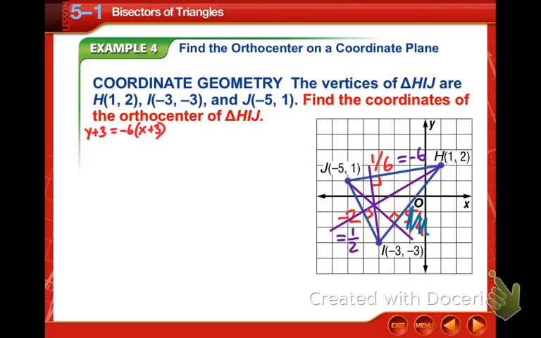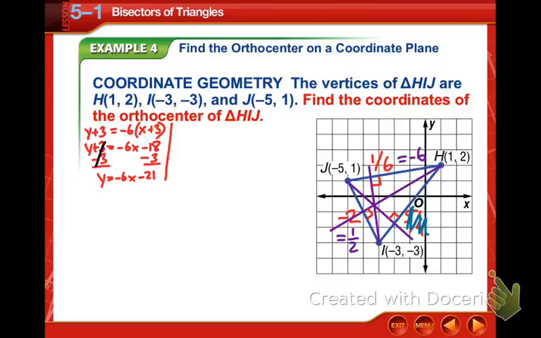So we need to distribute the -6, so y plus 3 is equal to -6 times x is -6x, negative 6 times 3 is negative 18. We subtract 3 from both sides. And y is equal to negative 6x minus 21. That's one of our two equations.